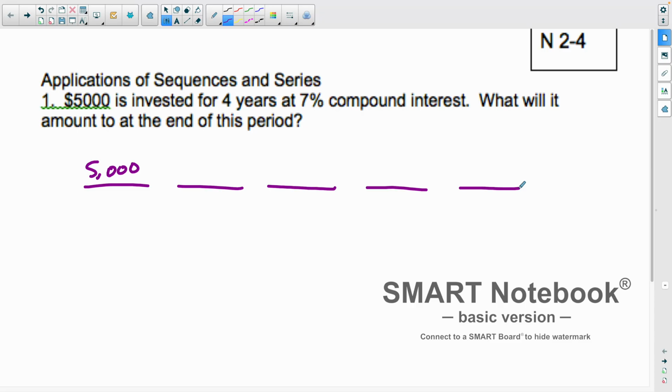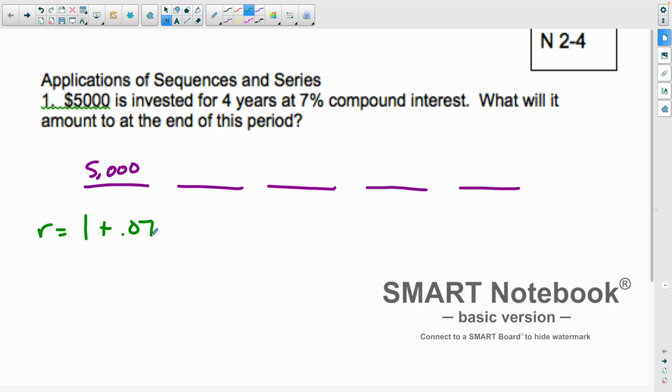Now, is this going to be an arithmetic or a geometric sequence? It's geometric. I'm multiplying. What am I multiplying by? 7%. Now be careful. 7% is part of it, but what is my R value? Well, I want to keep all of my 5,000. So I'm going to go 1 plus, changing that to a decimal, 0.07.